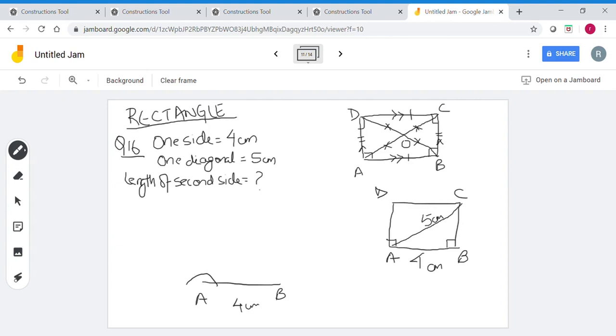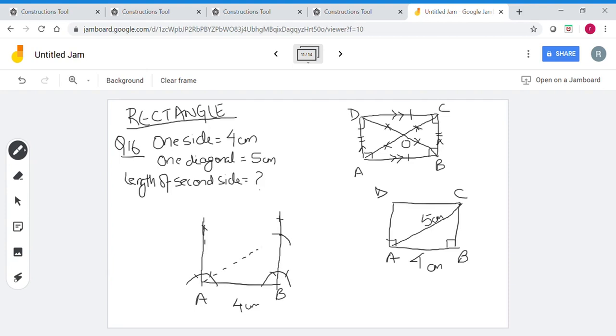Next, I will make a 90-degree angle at both these points, because points C and D will lie on lines which are perpendicular to AB. So somewhere here is C. Anything else we know about C? Yes, it's at a distance of 5 from A. So I'll keep my compass at A and mark 5 centimeter.